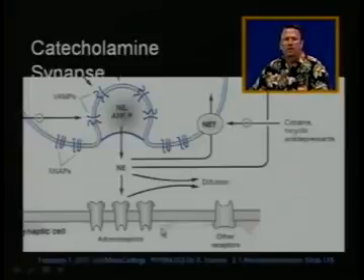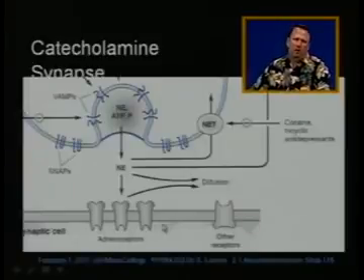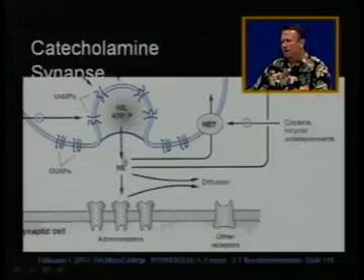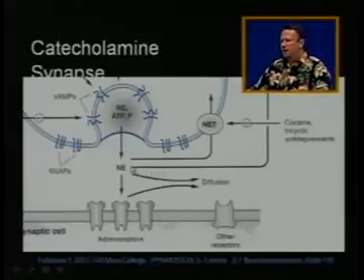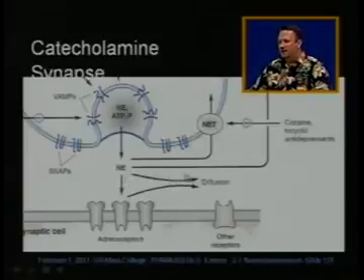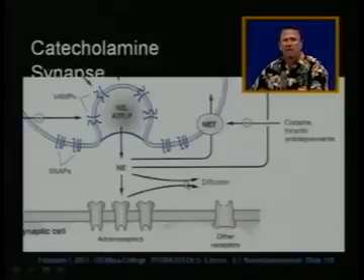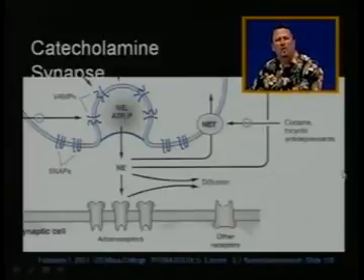And here we'll assume that it's some kind of organ like the heart or the lungs. Notice our norepinephrine comes in here and signals the adrenoreceptors. We'll call these alpha receptors and beta receptors. And notice in some cases, especially in the sympathetic nervous system with heart and other organs, the norepinephrine can just float away.